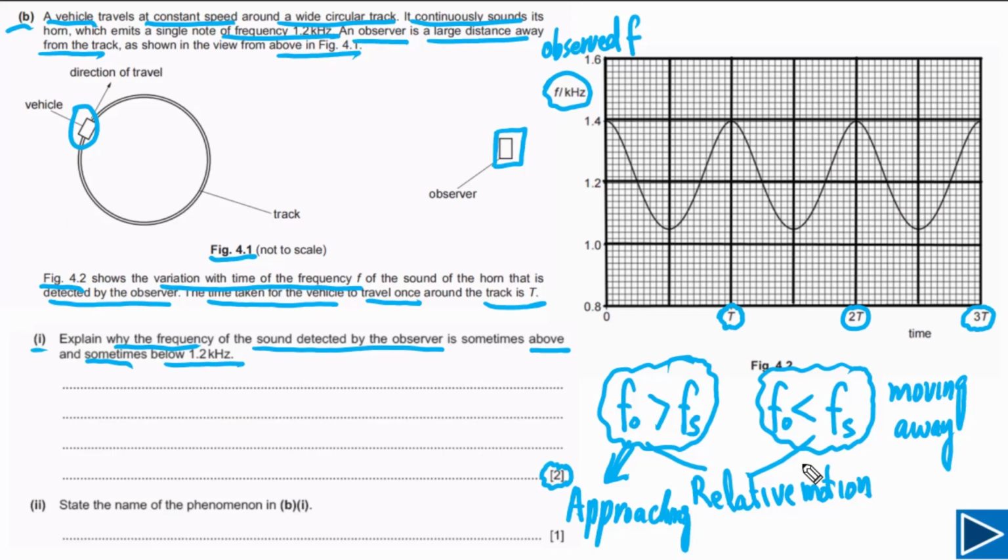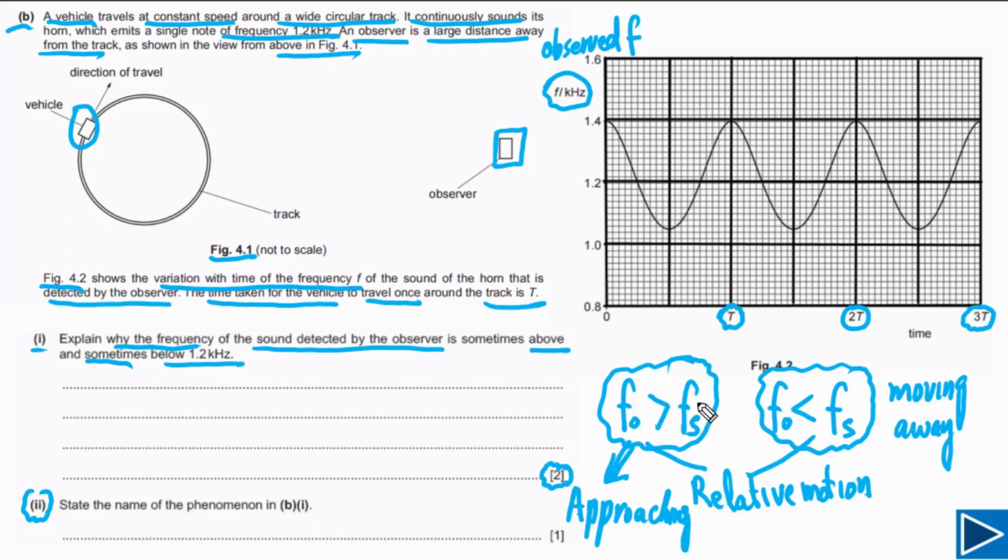Next, you need to explain when it will be higher, if the source is approaching, and when it will be lower, when the source is moving away from the observer. So these 2 points you have to write down to get 2 marks. And the next part is asking you to state the name of the phenomenon in part B1, and that is simply Doppler effect. If you write down Doppler effect here, you will get 1 mark.